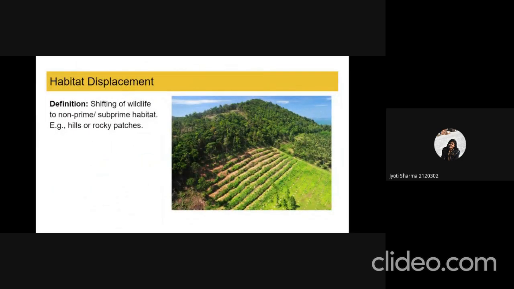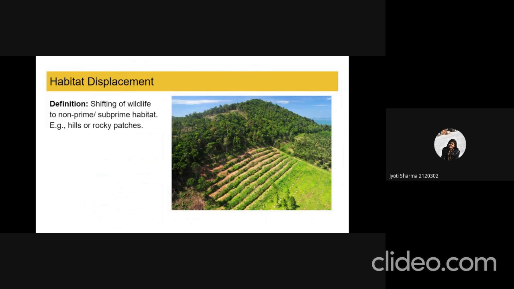Okay, then we have the habitat displacement. Can you see here we have a hill, and because of human need, we have converted this part of the hill into agricultural area, but it was forest area once upon a time. Because this has been converted into agriculture, whatever wildlife we had in that area has to shift to the upper side or somewhere else.